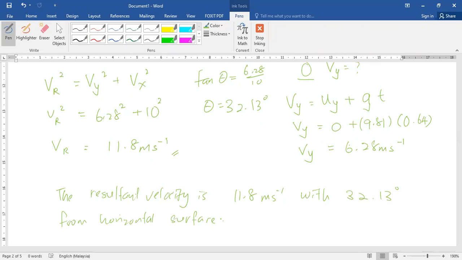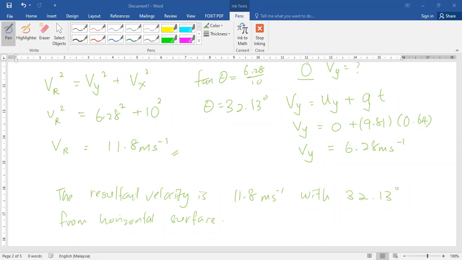This means that we explain the direction, the magnitude of the resultant velocity of the ball when the ball hit the ground and with what angle. Okay, so this means I get the answer already.